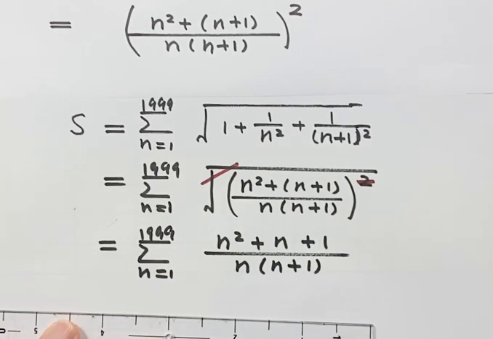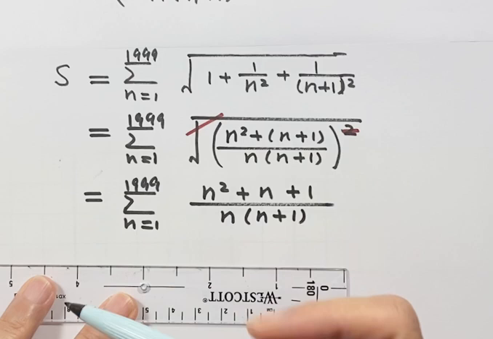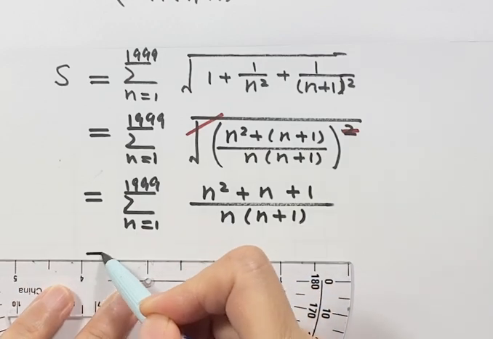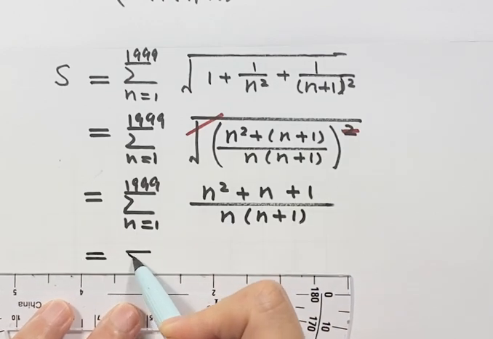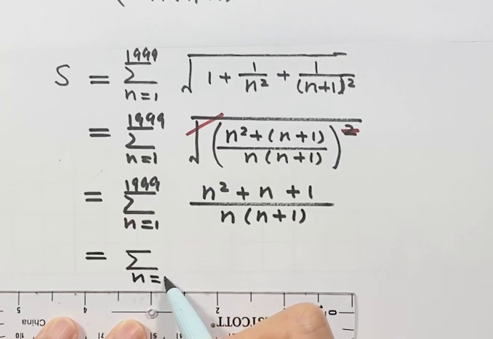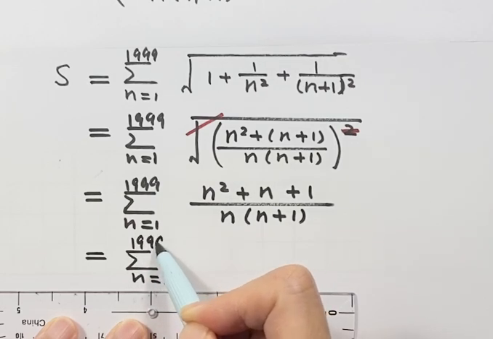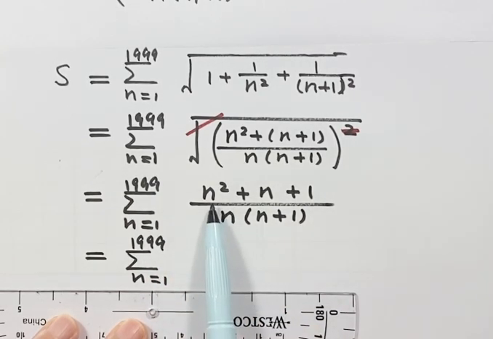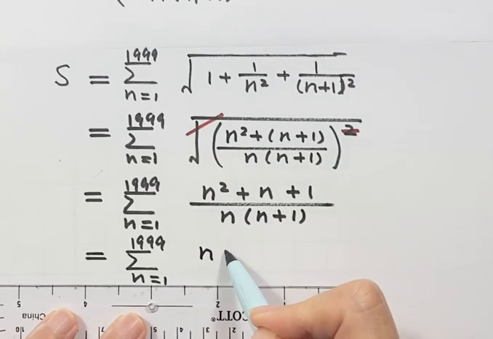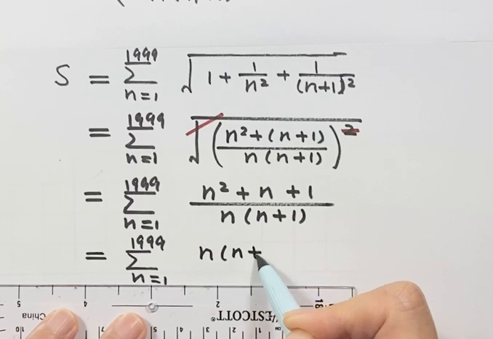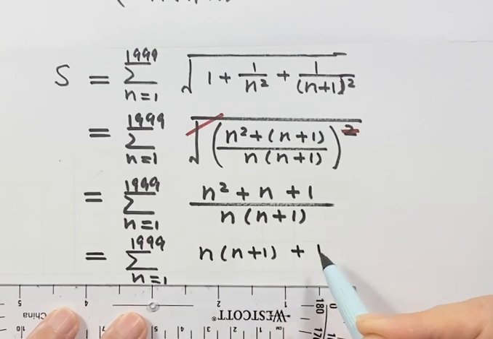Then the next, we have to regroup the numerator. So grouping the first two together because they have a common factor n. So take out the common factor n. So here we have n times n plus 1, then plus 1.